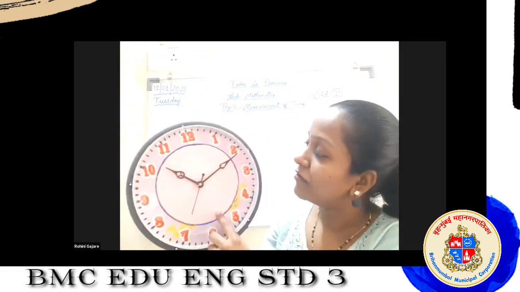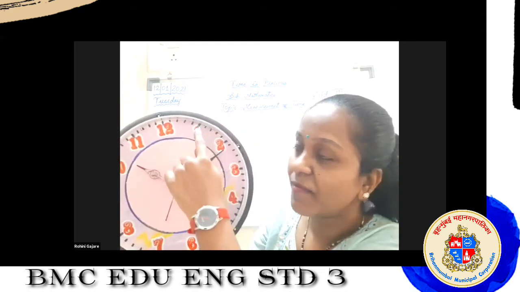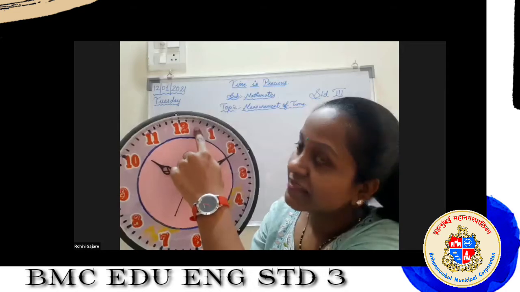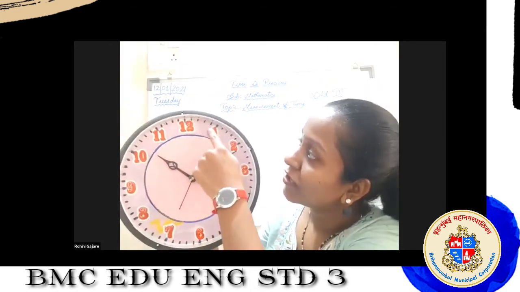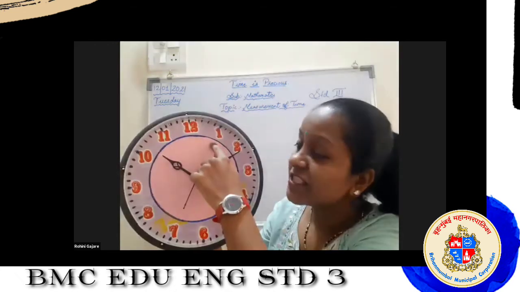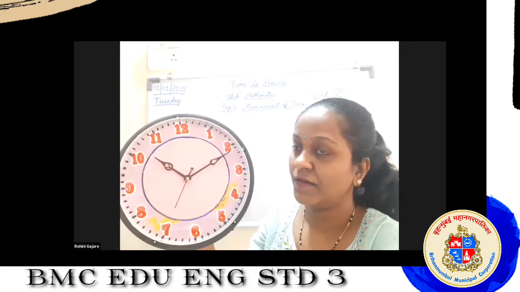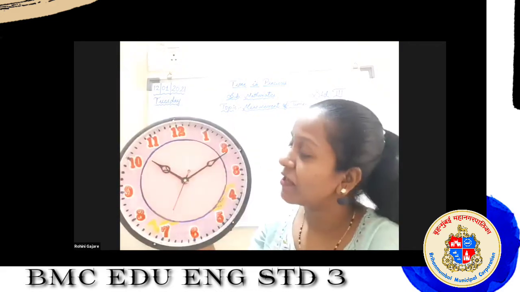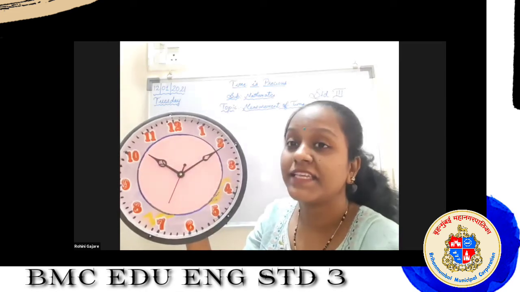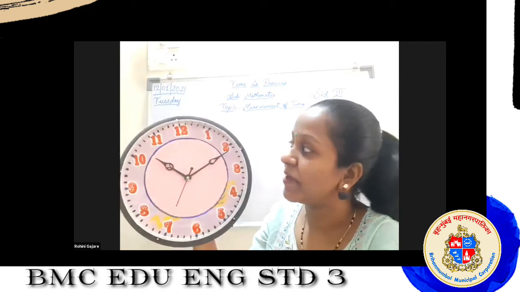Yes. Now see, children, can you see? There are some small lines. 1, 2, 3, 4, 5. These small lines are called minutes. Now there are a total of 60 minutes.